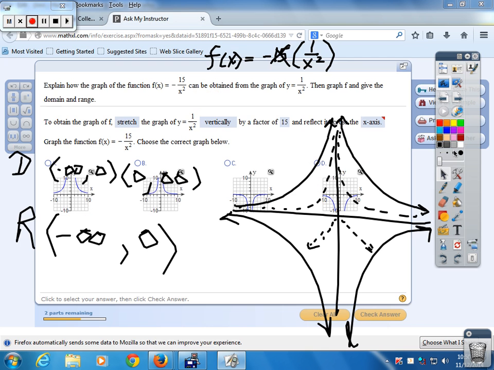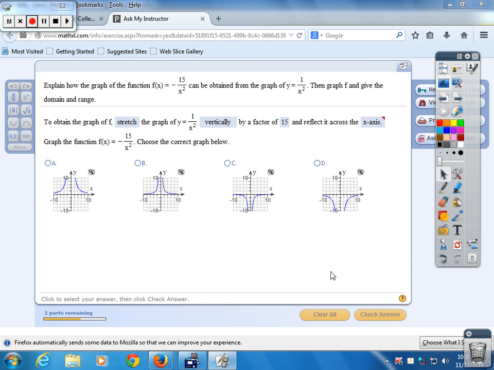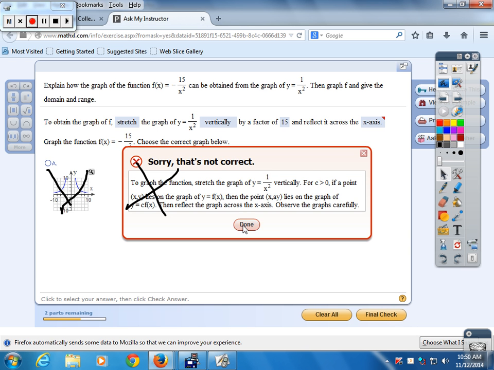All right, what's left? That's it. Well, we didn't answer the graphs. Oh. Okay, which one is it not? Well, ours is in the second hemisphere, so this one is not. These are not correct. And I would probably go with this one, because this one is further away from the origin, like I said. Nope, let's see.